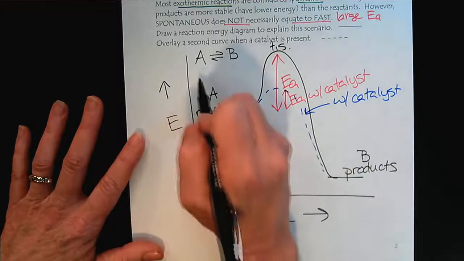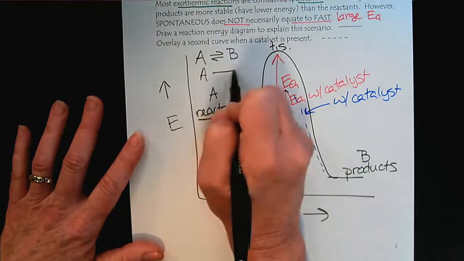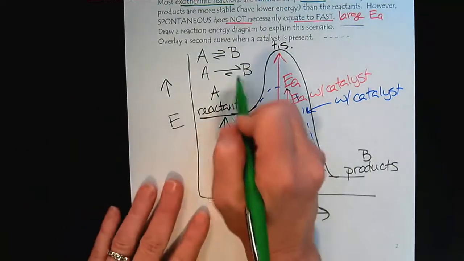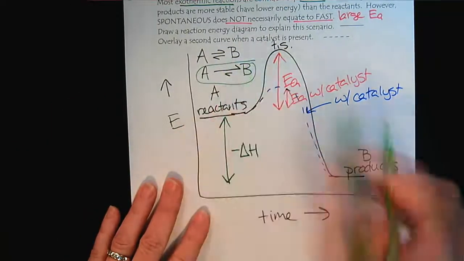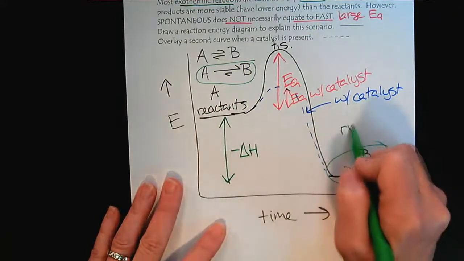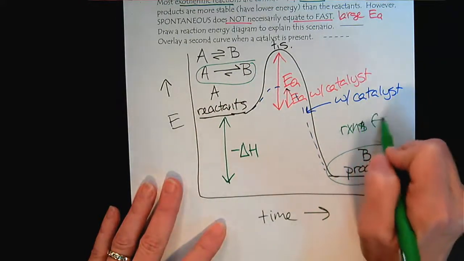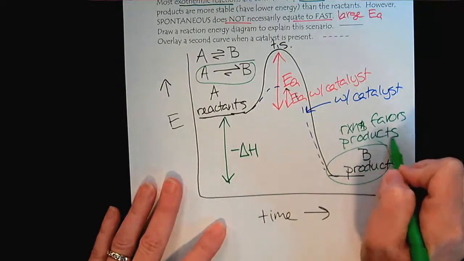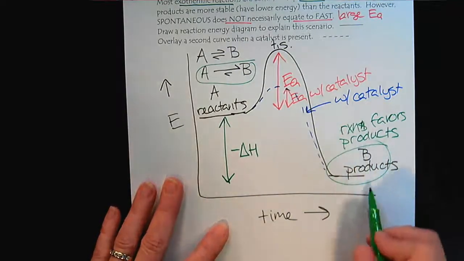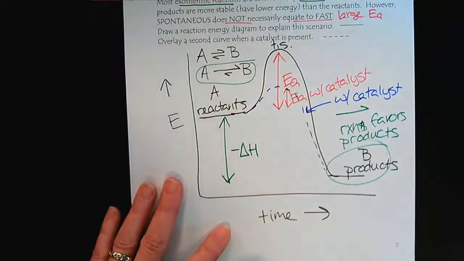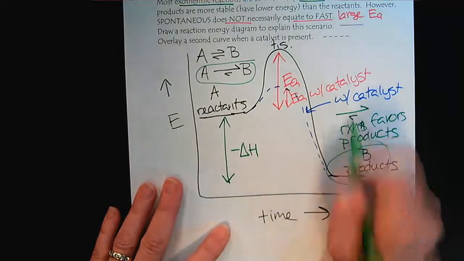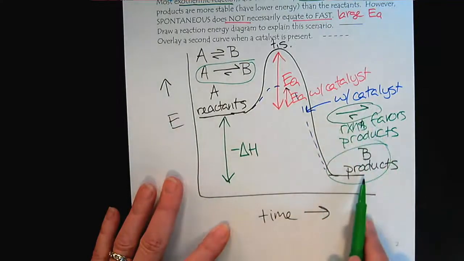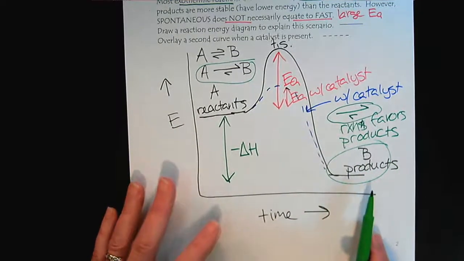All right? So we could rewrite this showing a larger arrow to the right, and we would say that thermodynamically the reaction favors products. So with our equilibrium arrows, we show that as a larger arrow to the right and a smaller arrow to the left. And so these equilibrium arrows are linked with the thermodynamics.